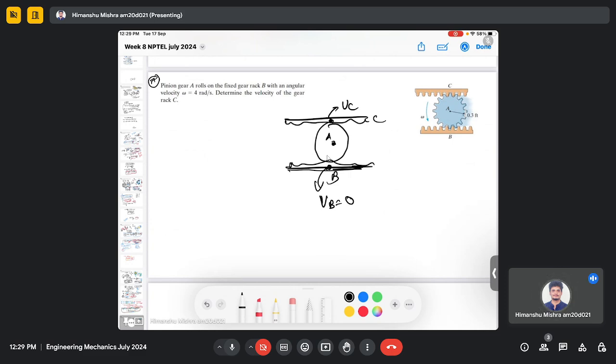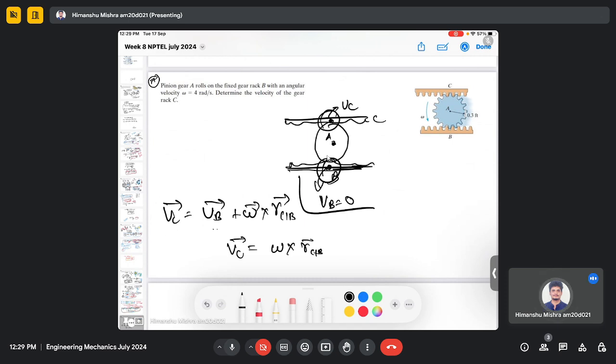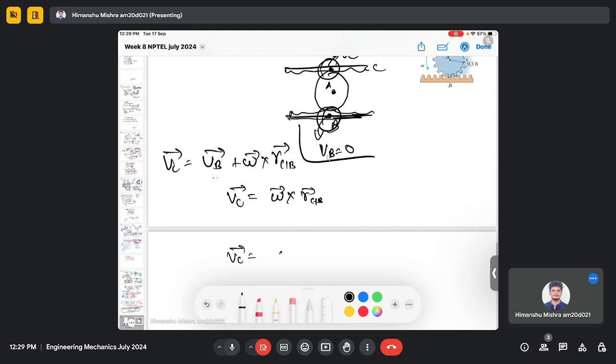So now we can use the relative velocity expression between point C and point B. And we are given that the velocity at point B is 0, so my velocity at C will be omega cross RCB. Now omega is given as 4 rad per second, which should be in the k direction.